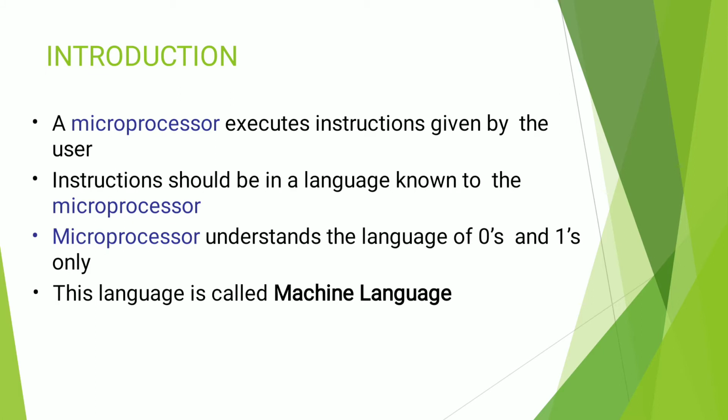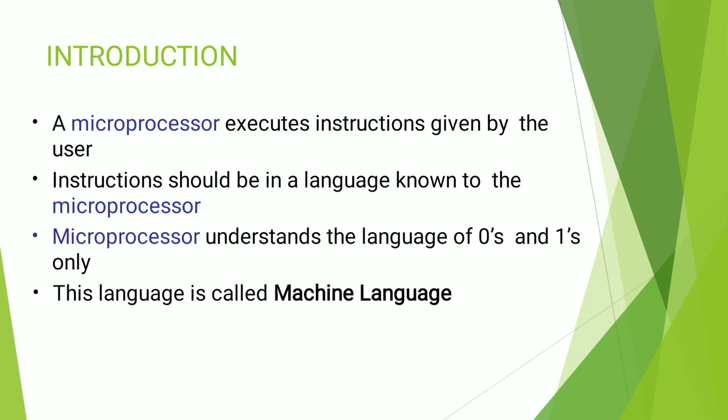A microprocessor executes instructions given by the user. Instructions should be in a language known to the microprocessor. Microprocessor understands the language of zeros and ones only. This language is called machine language.